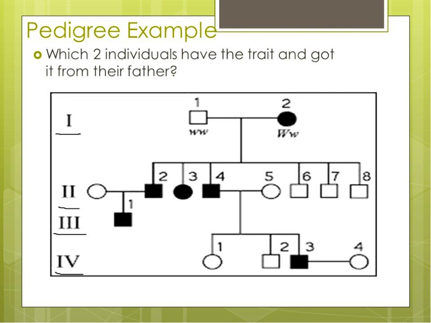Then you put a dash and whatever number is assigned to that row. So 1-1 would be this guy. 1-2 would be this guy. So let's go to the question again. Which two individuals have the trait and got it from their father? Good luck. Try your best to write the two correct individuals.